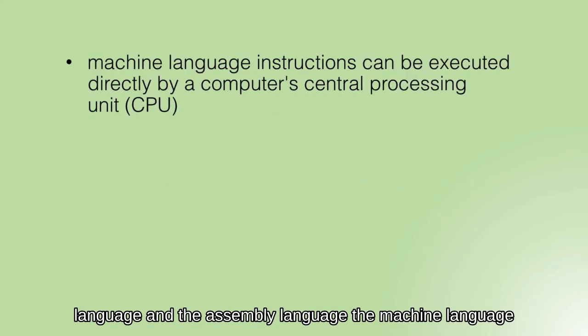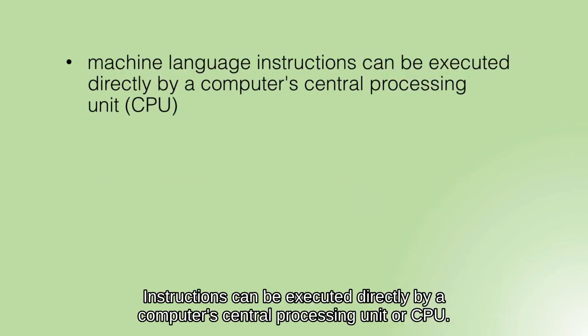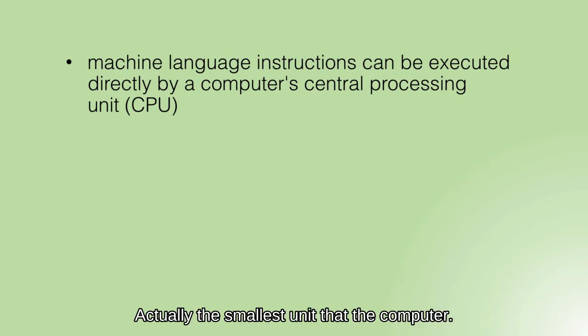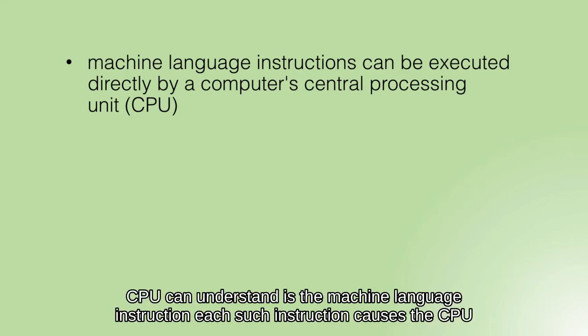The machine language instructions can be executed directly by a computer's central processing unit or CPU. Actually, the smallest unit that the computer CPU can understand is the machine language instruction.